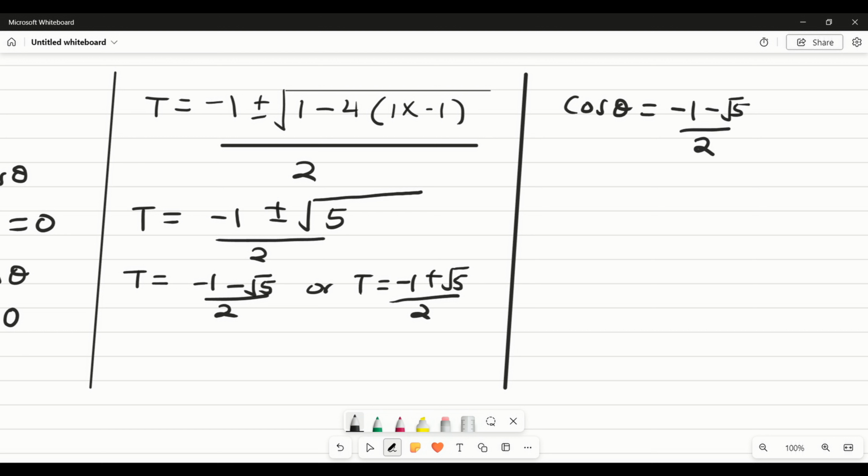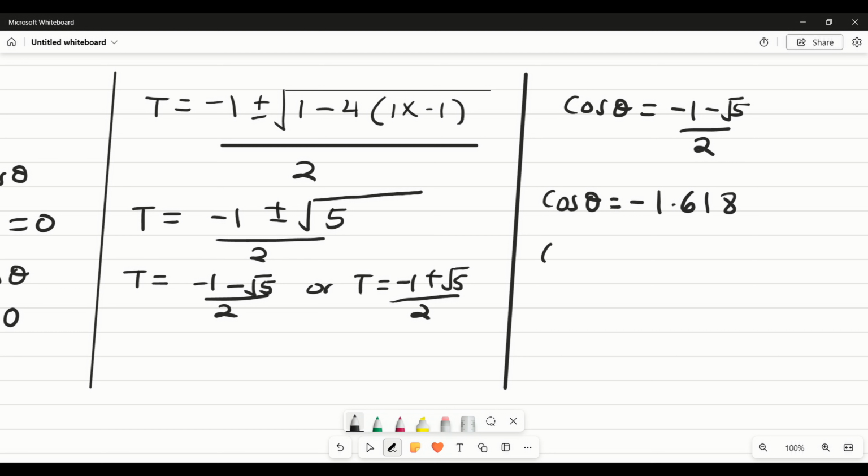You can do that in your calculator, and it gives negative 1.618.